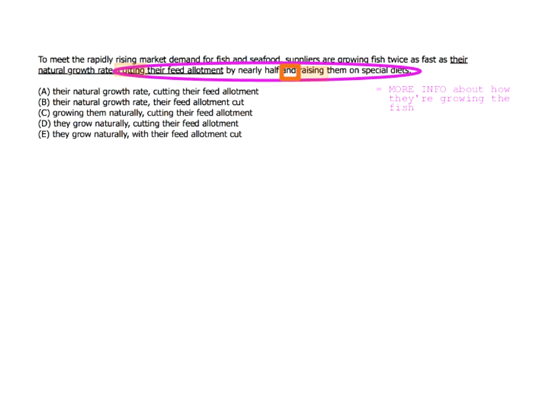Now let's look at the rest of this. So, okay. As far as choice C goes, again, what are they growing these things faster than? Like, it's twice as fast as what?